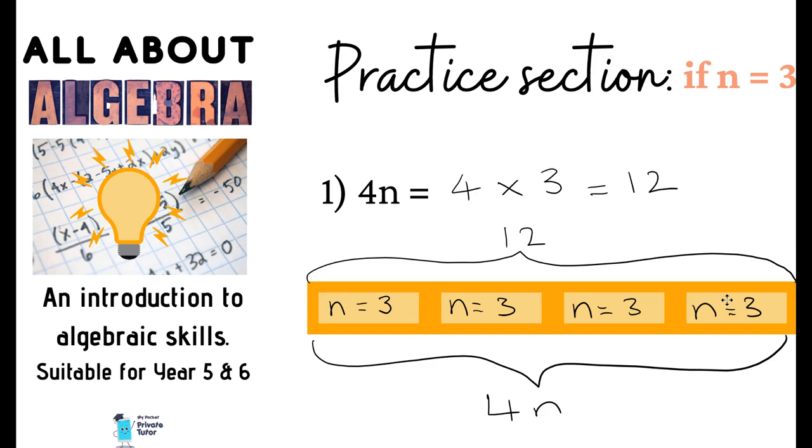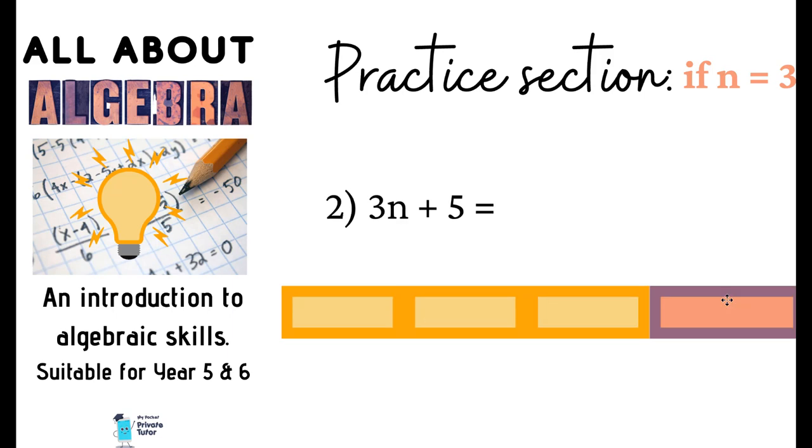Okay. We are going to move on to question 2 on your practice section. This time we have 3n plus 5. So as before, I'm using my bars, and you can see I've got 3 bars, but I've just put them all together. Now I know that n is 3. So I'm going to write on my bars that n is 3.